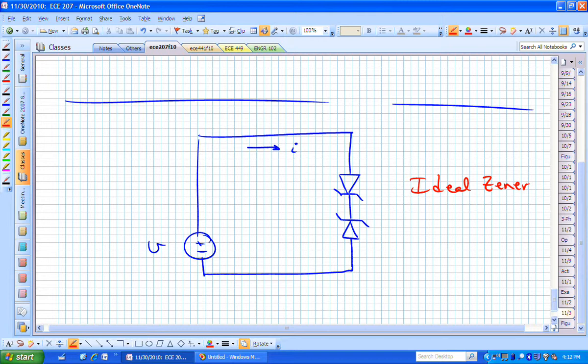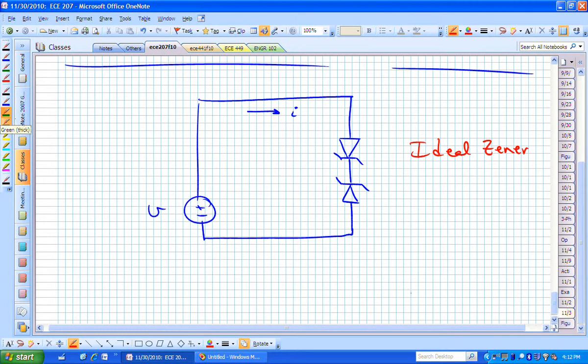What would you expect the IV curve to look like? Here's voltage and here's I, and let's say that these particular Zener diodes are 5 volt Zeners. If they're ideal, then we're assuming their forward voltage drop is 0 when they're conducting. When they're reverse biased, they will start to conduct at 5 volts, depending on which way.